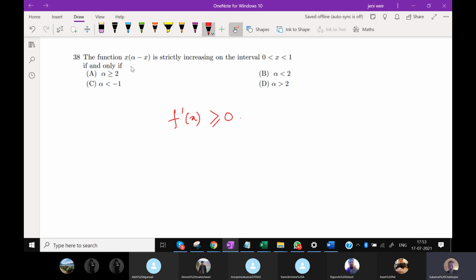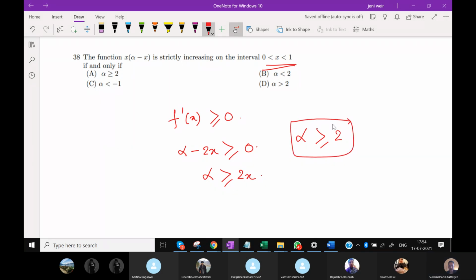That means if I take the derivative here, I will get alpha minus 2x has to be greater than equal to 0. So alpha has to be greater than equal to 2x. Now what is the range of values of x? It is in the open interval 0 to 1. That means alpha has to be greater than equal to 2.